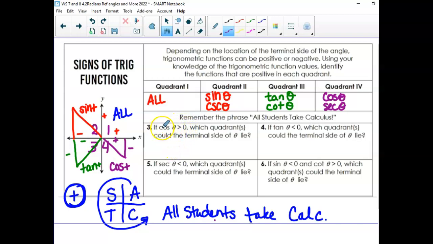All right, this says cosine is greater than 0. What does that mean, guys? Greater than 0 means positive. Which quadrant or quadrants could it be in if the cosine is positive? What does it say up top? Quadrant 4 and quadrant 1, right?